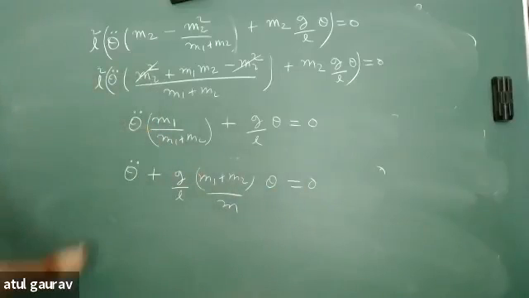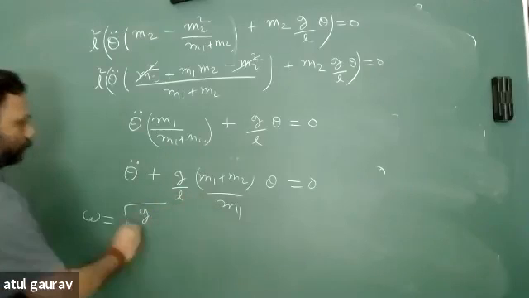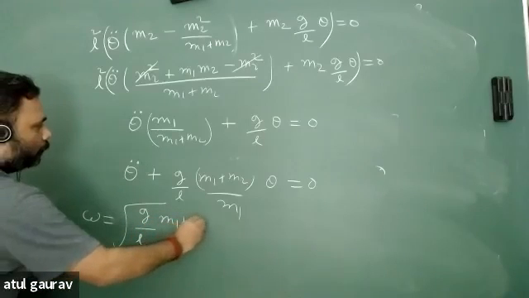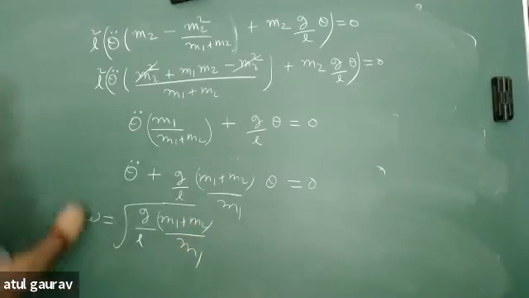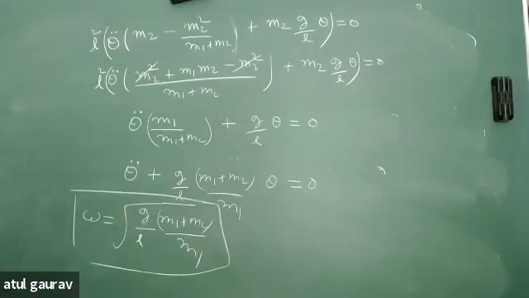What is the value of omega? The value of omega is equal to root under M1 G upon L, M1 plus M2 by M1. If I have not made any calculation mistake, I think this will be our answer.